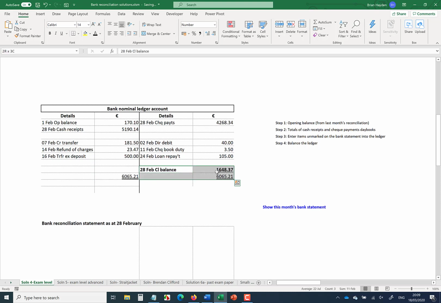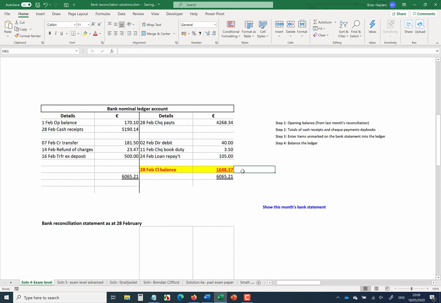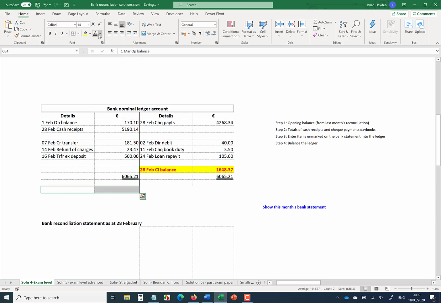So my balance, which I'll highlight in red font, is €1,648.37. Now I want to compare this against the reconciled statement balance.